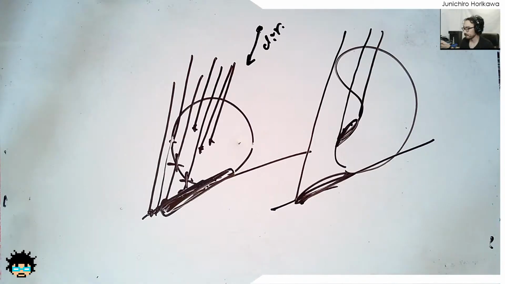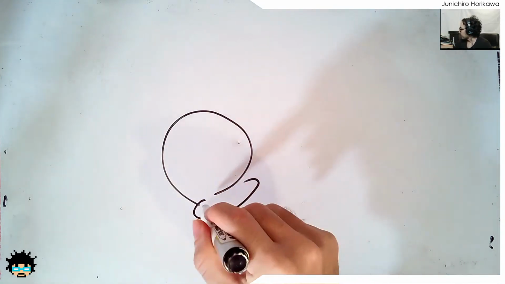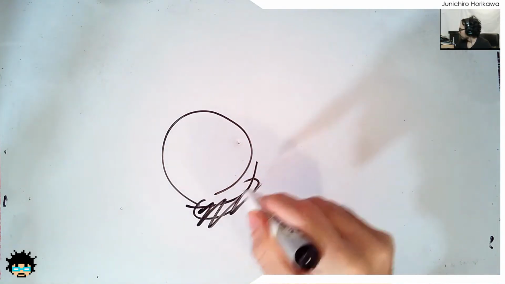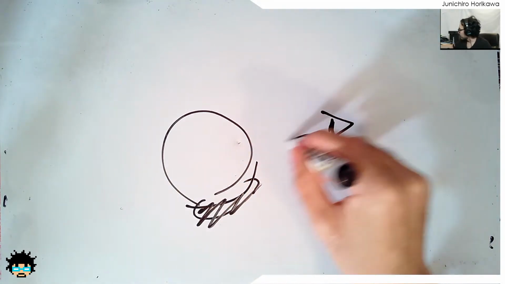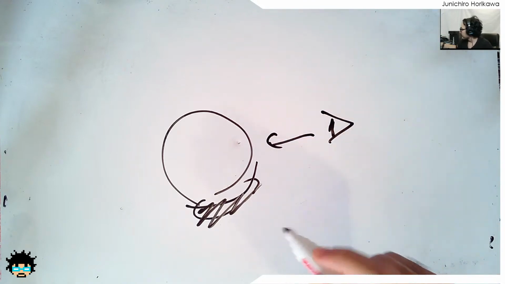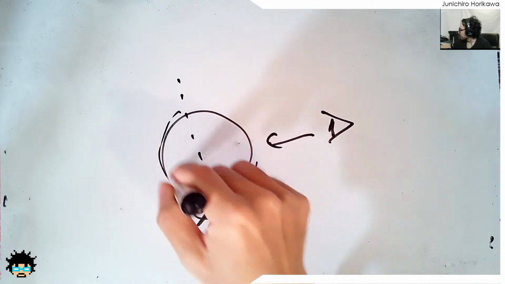So say this is a 3D geometry, and if the camera is looking at this direction, this is the back side that you want to delete, right?